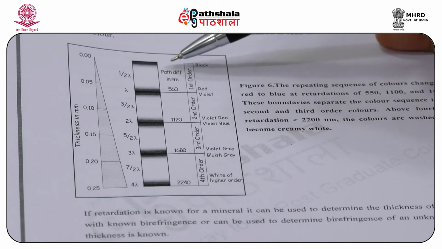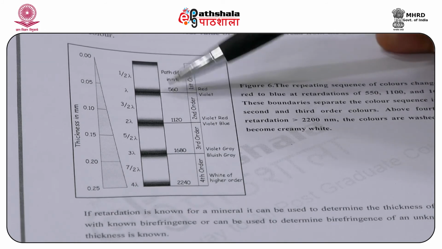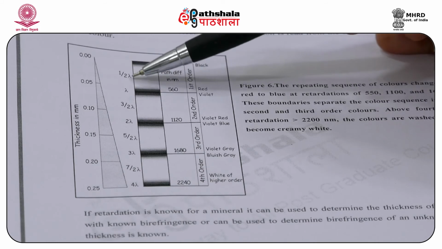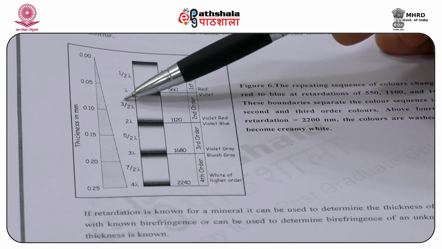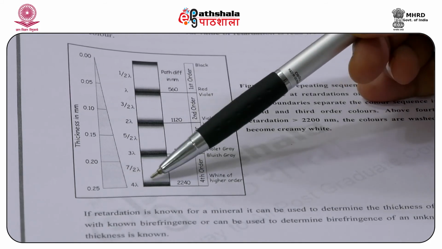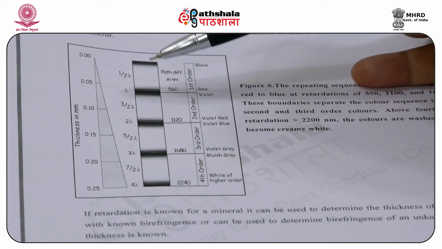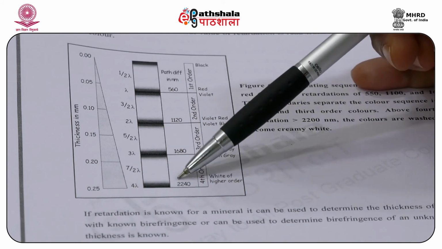Here we have first order interference color. In between, when there is a lagging of the two rays by a fraction of half lambda, 3 by 2 lambda, 5 by 2 lambda or 7 by 2 lambda, we will have regions where we will see interference color.